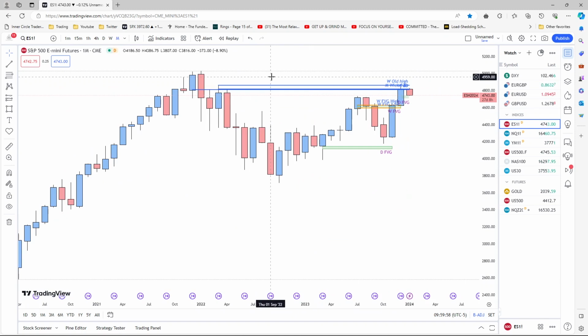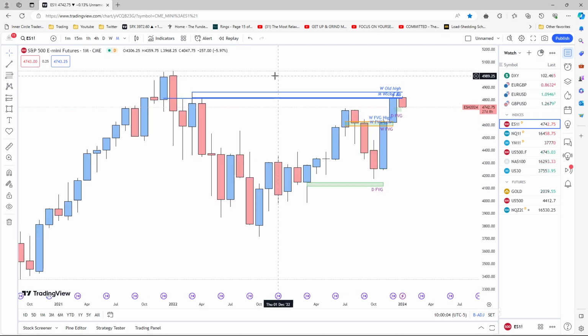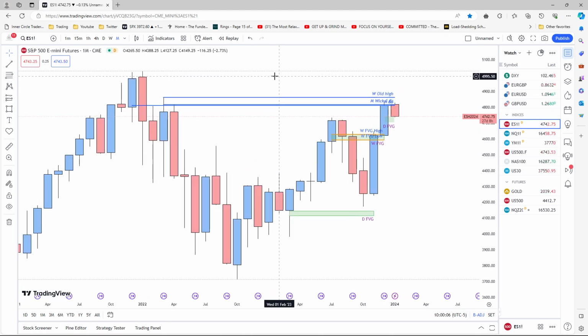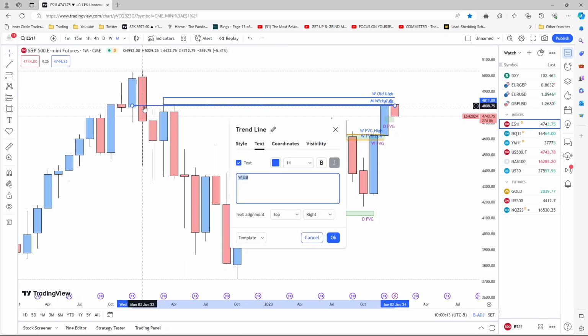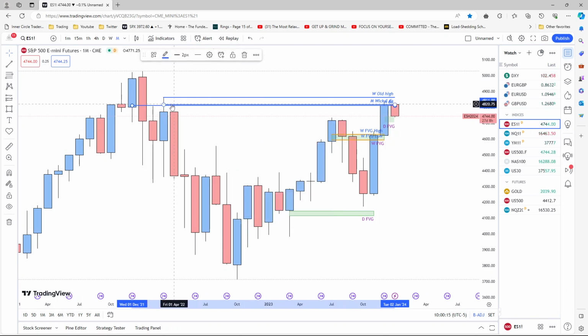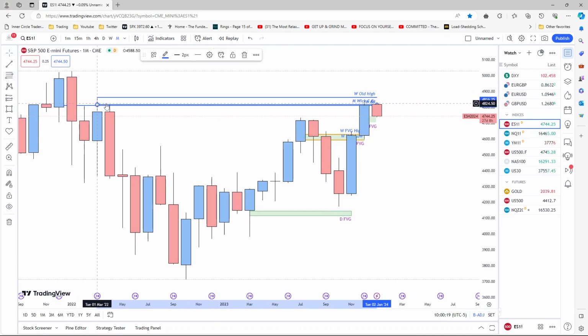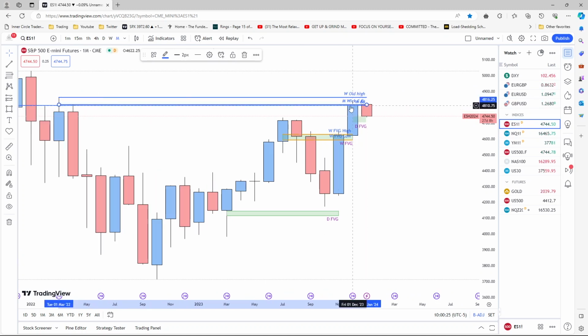Again, you're not going to see that breaker block if you're just starting out; you have to spend some time with breakers if you're going to see them in more advanced settings. Then we had this monthly wick. We had that monthly wick consequent encroachment level, right? I immediately saw this wick. So that weekly old high is basically a monthly old high as well. I immediately saw that wick and I took note of it.